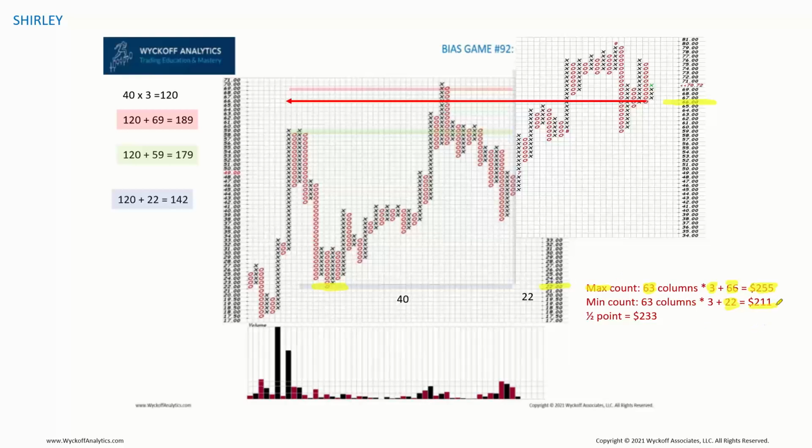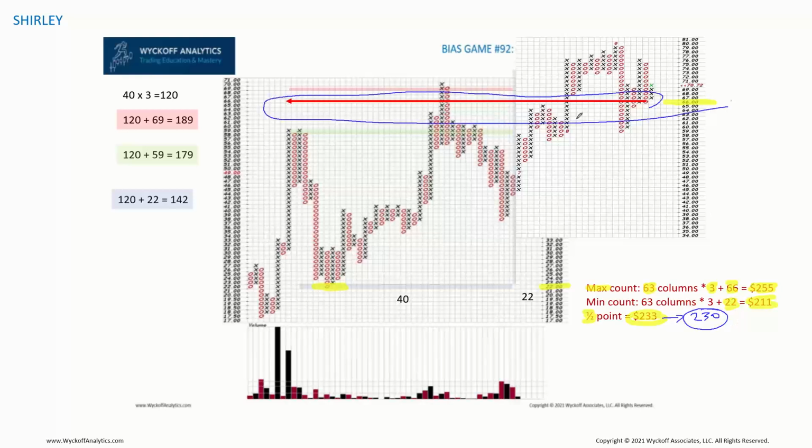Here's this $22, 211 as the target. Half point of maximum and minimum is going to be $233. The price went up to $230 before having a meaningful change of behavior. So that was the correct count.